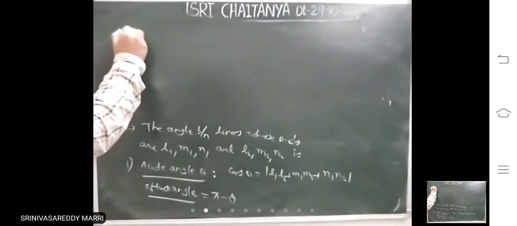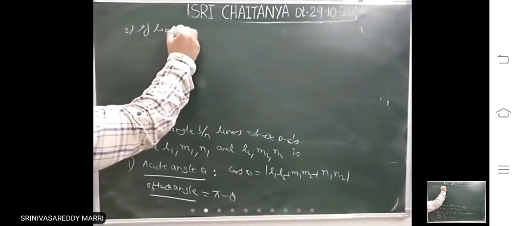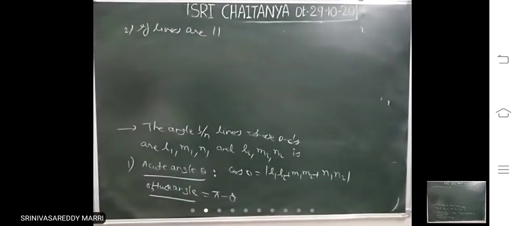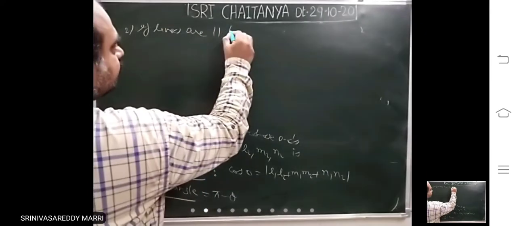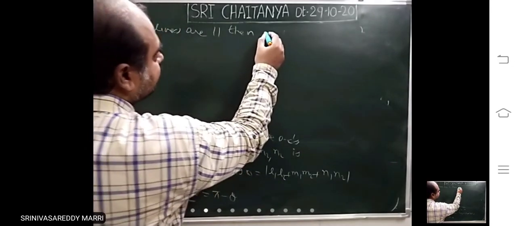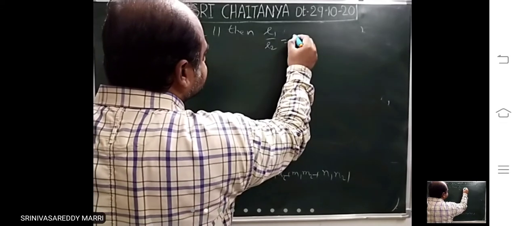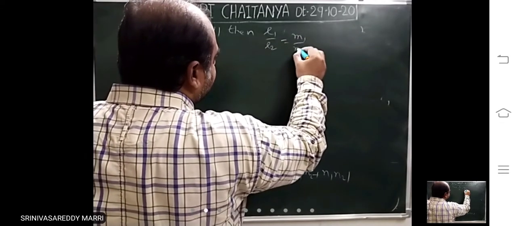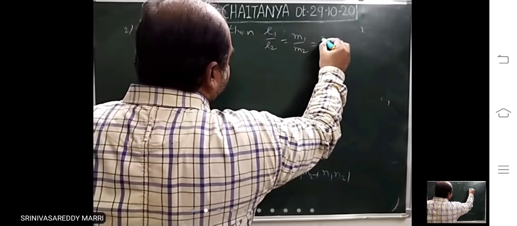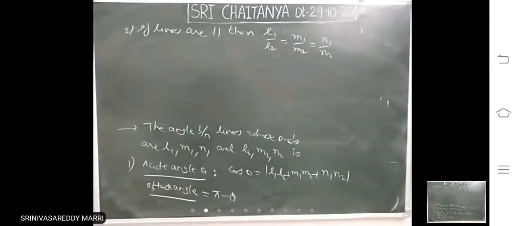Second, if lines are parallel, then the same ratio: L1 by L2 equal to M1 by M2 equal to N1 by N2. This is the condition that the lines are parallel.